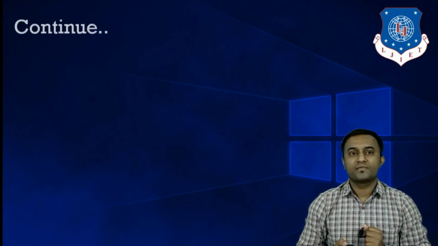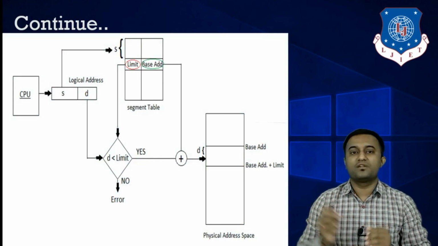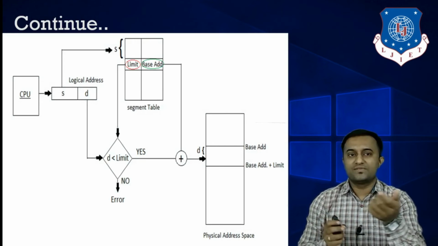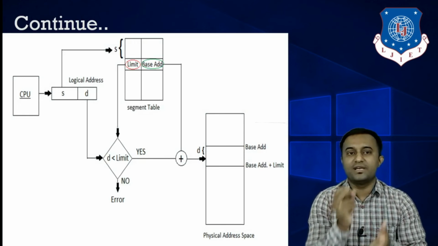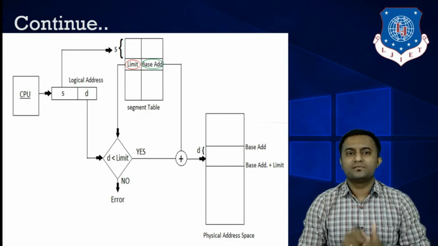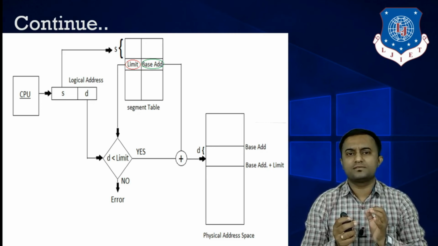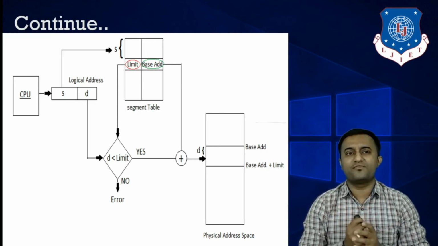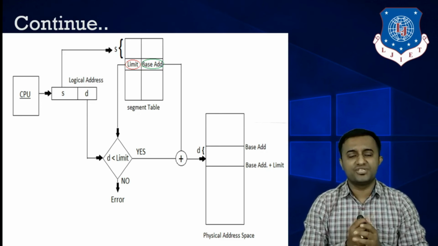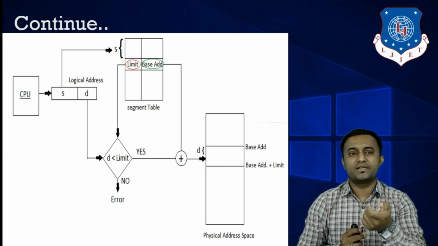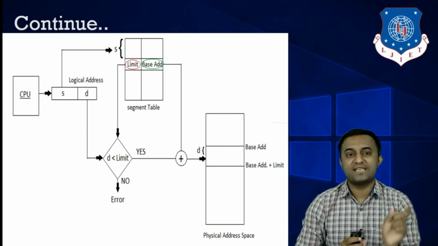You can see in this figure, as I told you, the CPU always generates a logical address. This figure is somewhat similar to the paging figure, but there are some changes you need to understand. The logical address contains two parts. One is the segment number.